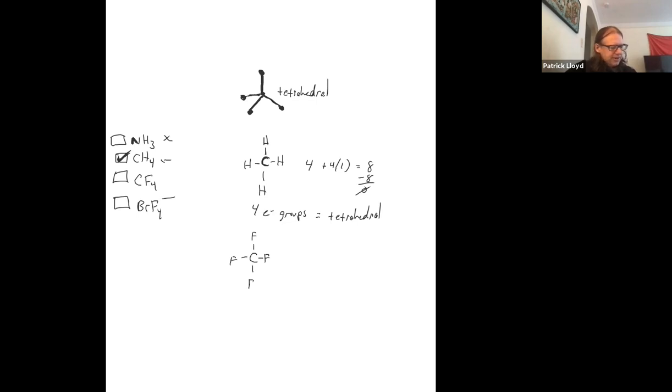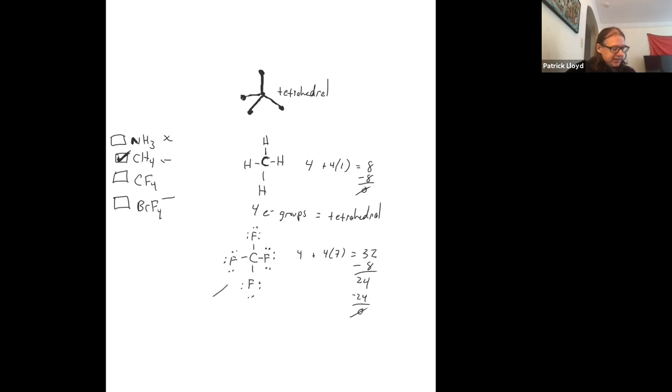Okay, well, carbon has 4 valence electrons. Fluorine has 7. So that's 32. We've used 8, so we got 24. Now notice, again, the carbon already has 8 electrons, so no need to do any bonding in addition to that. Just put 3 lone pairs on each fluorine. That'll give you your 24.